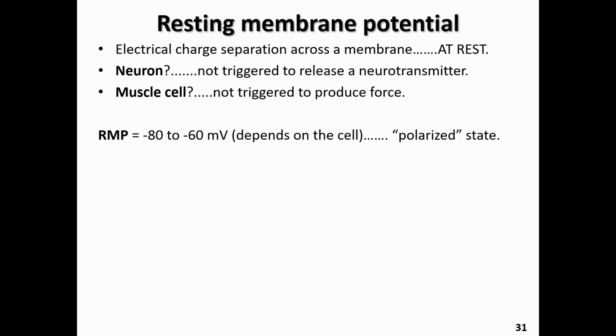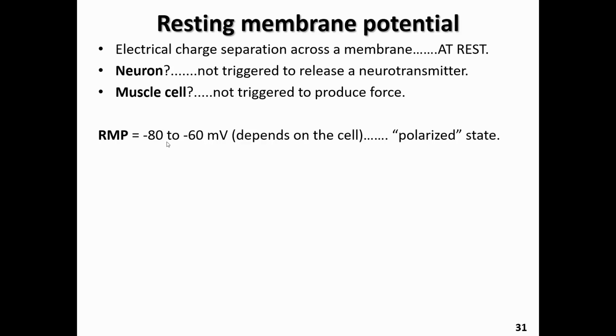And depending upon the type of cell, there is a range of that resting electrical energy difference. And it ranges anywhere from -80 to -60, depending upon the cell. So what this says is that the inside of the cell has more of a negative electrical charge with respect to the outside of the cell.